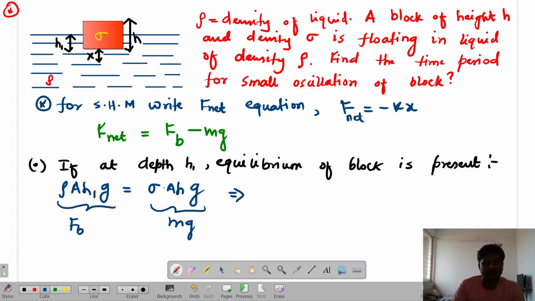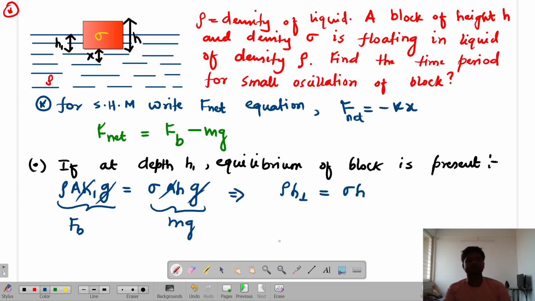So area cancels, g cancels. So rho h1 is equal to sigma into h. Is that clear or not? So after displacing distance x, I'll have the force of buoyancy as Fb dash.